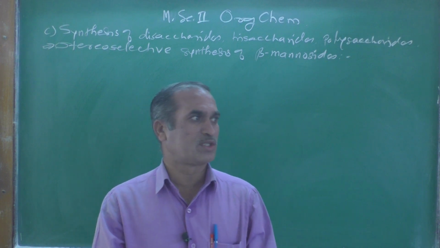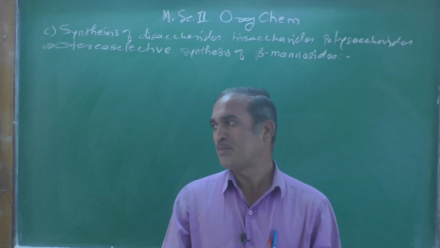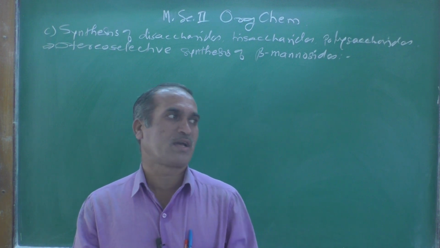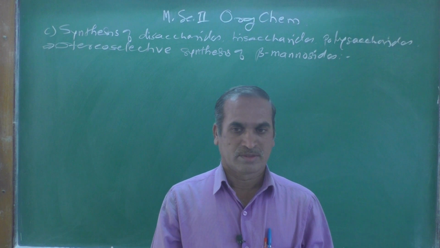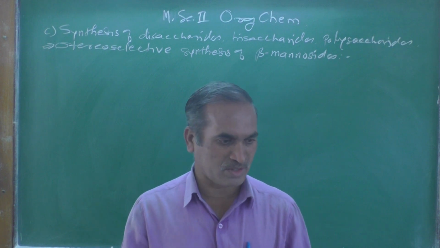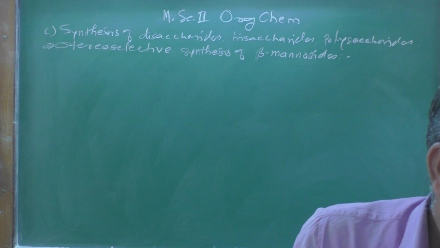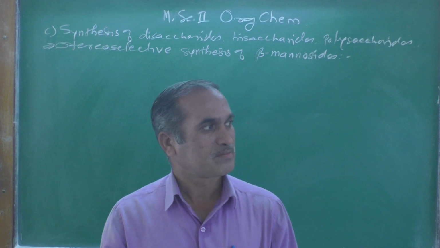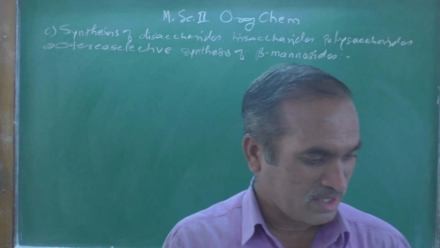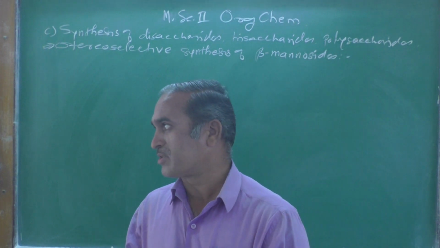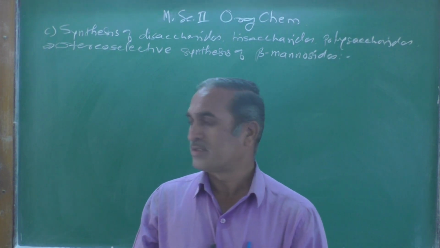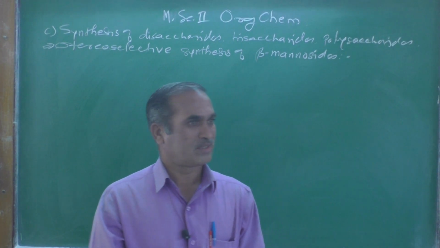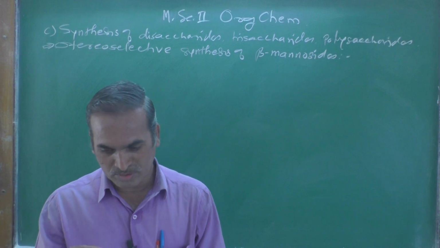Beta means, as we know, that in carbohydrate chemistry, when the compounds are formed, the most stable conformation will be the chair conformation, and that chair conformation is always obtained during the synthesis of different derivatives.